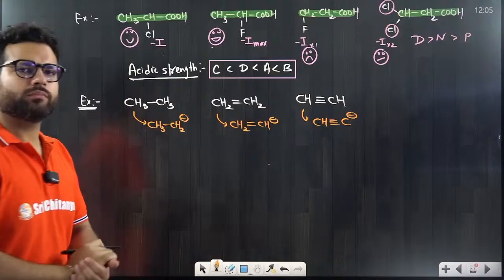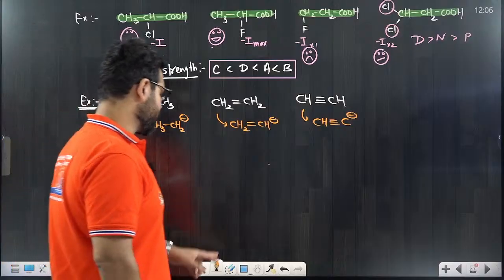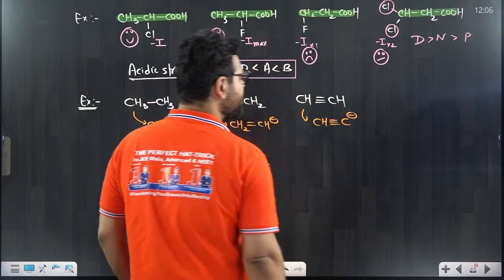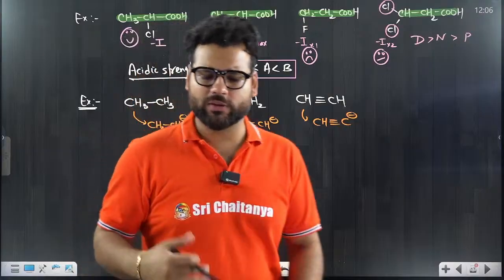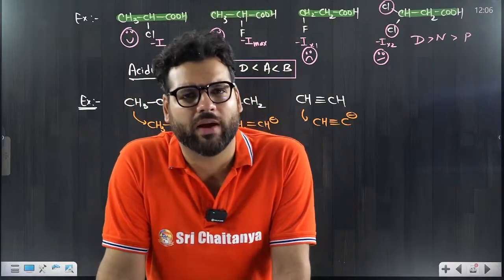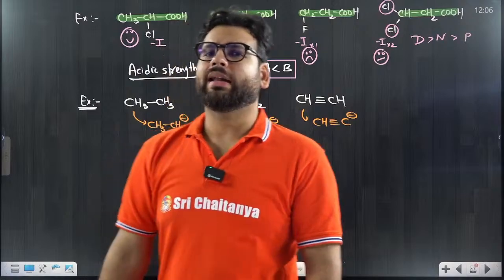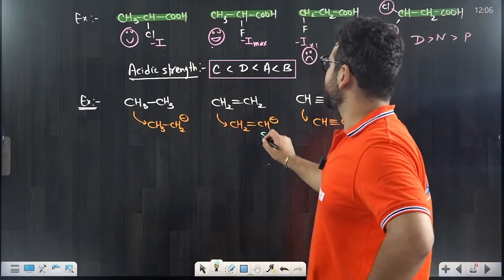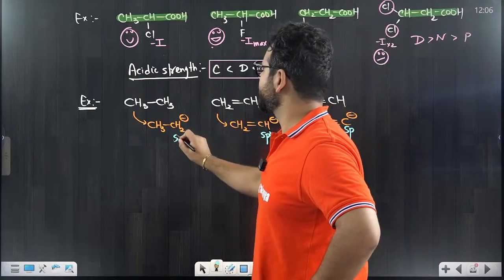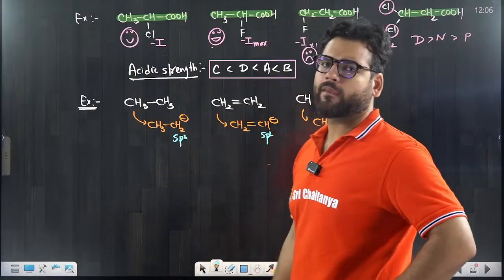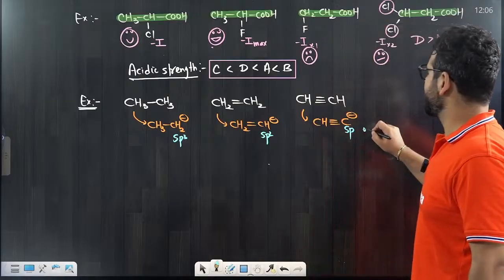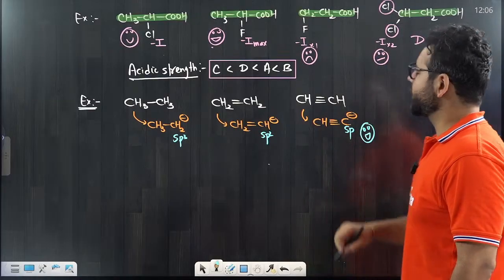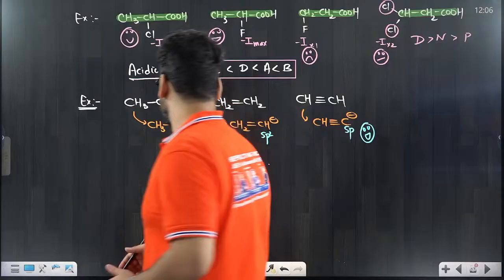Now, I want to check which is more stable. Then always remember, a negative charge is always more stable on electronegative atom. And electronegativity of an sp carbon is much more than that of an sp2 carbon and then an sp3 carbon. That means most stable is going to be conjugate base of an alkyne.